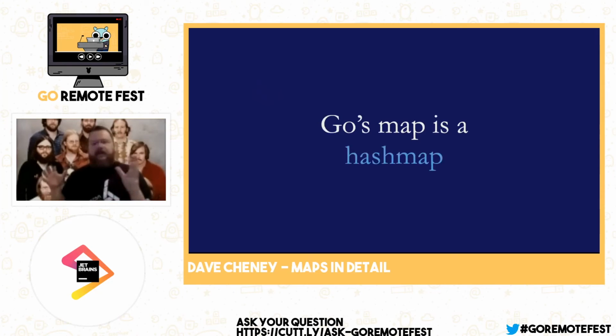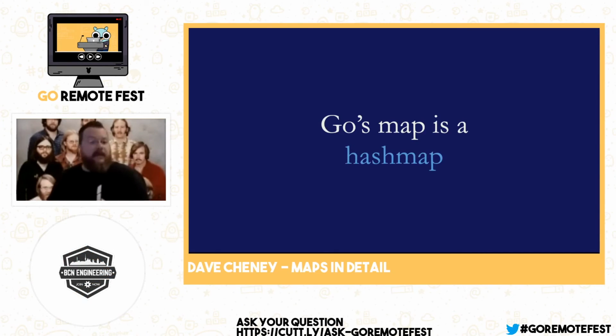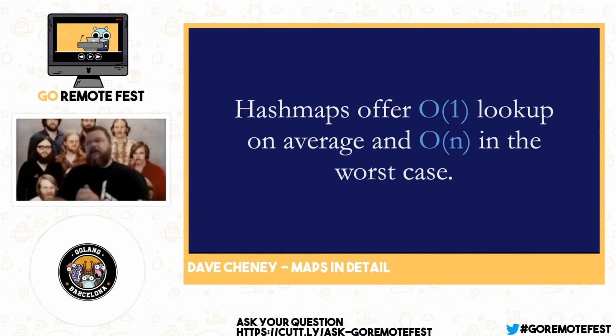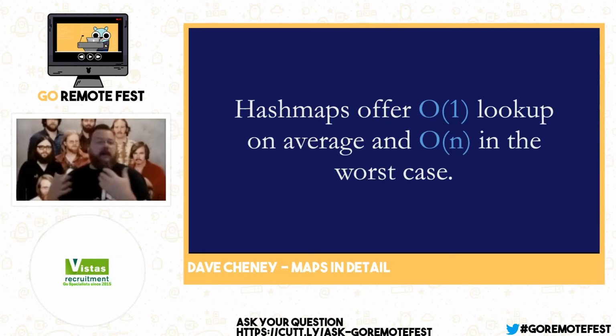Now, the implementation I'm going to talk about today, because it's the one that Go's map is based on, is called a Hashmap. Hashmaps have some useful performance properties. They offer, hopefully, order one lookup on average, and order n in the worst case.